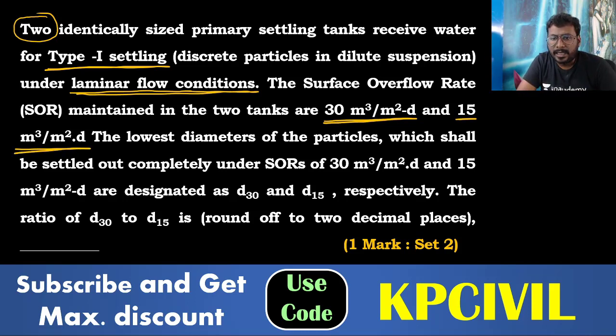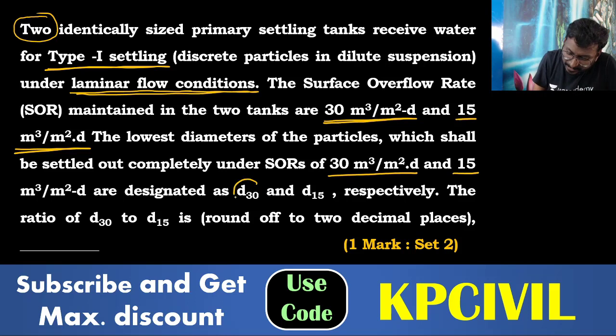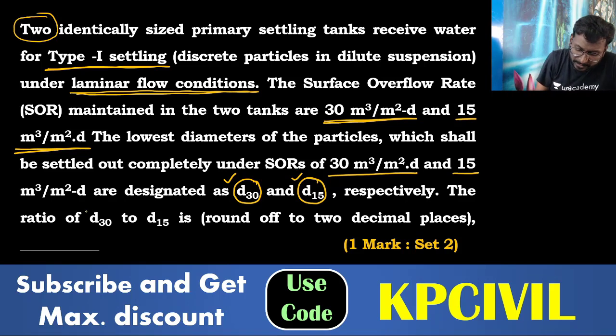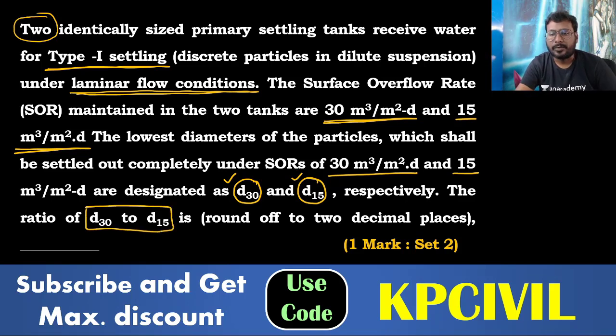The lowest diameter of particle which shall be settled completely under 30 and 15 designated as D30, D15. Means V0 for tank 1 is 30, V0 for tank 2 is 15. The diameter of particle which can be settled at that V0, D30 and D15. Ratio of D30 to D15.